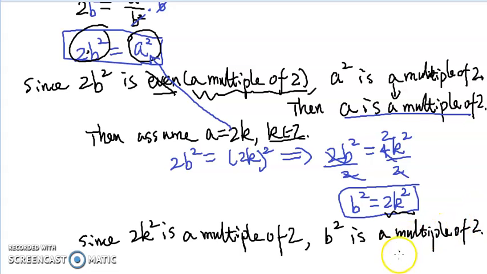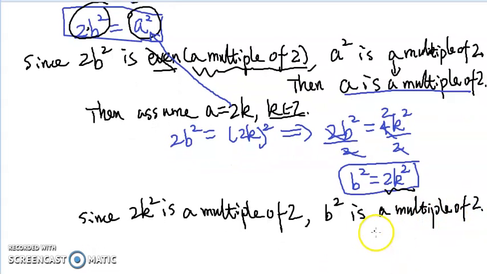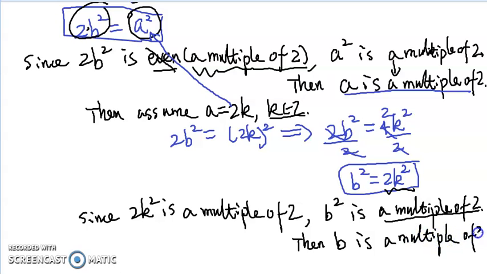Again, we're using the same argument that we did before: if the square of a number is even, then the base b is even. I'm going to call it a multiple of 2.